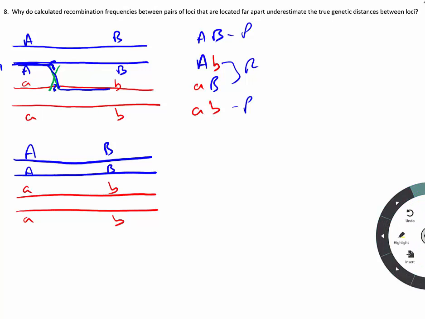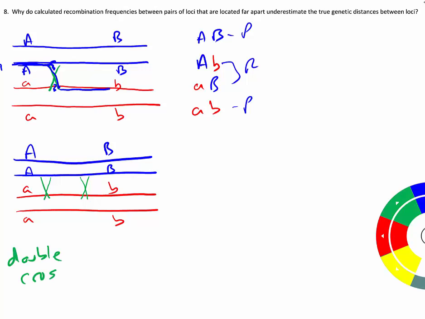And now, when genes get far apart, now there's more room in between the 2 genes for crossing over to occur. So what happens is sometimes you get a crossover, and then sometimes in the same cell you get another crossover. And we call that a double crossover. And when you get a double crossover, there's actually several different ways to get double crossovers, and we'll go over those later.